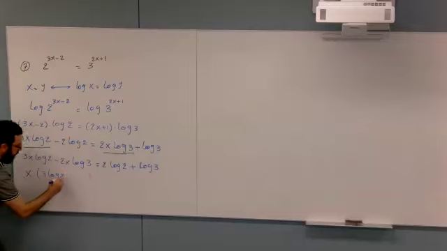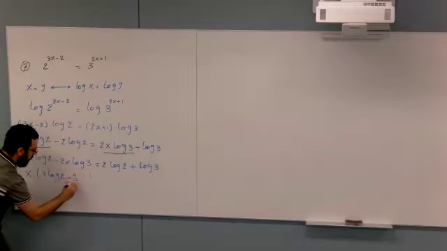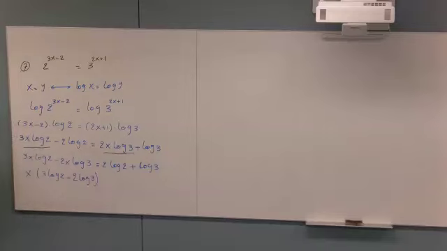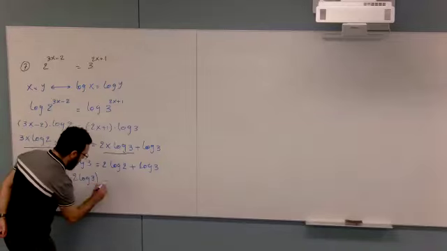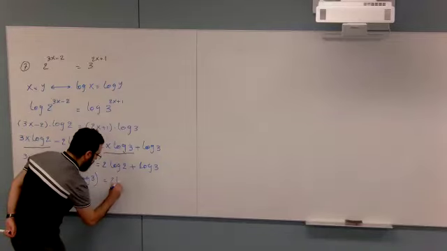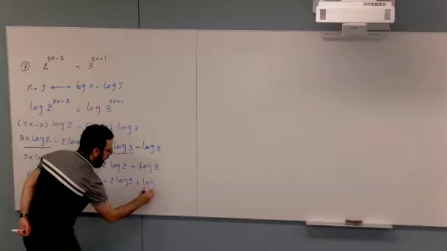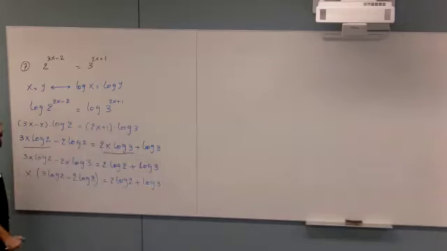Factor out the x, so minus 2 log 3. Okay. What's the operation between x and the parentheses? Multiplication. Equal what? 2 log 2 plus log 3.